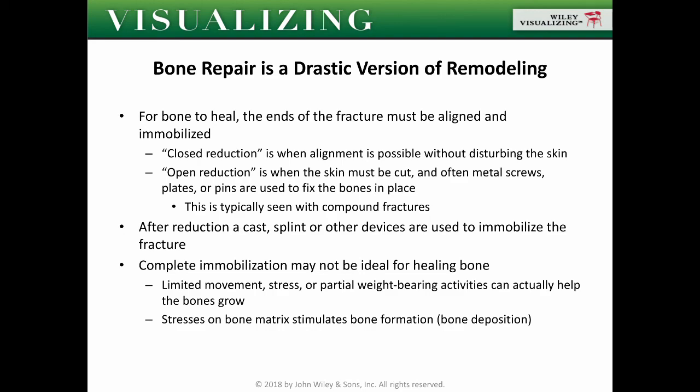So closed reduction is when alignment is possible without disturbing the skin, and you have open reduction when the skin must be cut. And of course, you need to fix the bones in place, usually done by utilizing metal screws, and this is usually seen in compound fractures. So that's why for fractures, you need to immobilize the bone for them to heal properly.